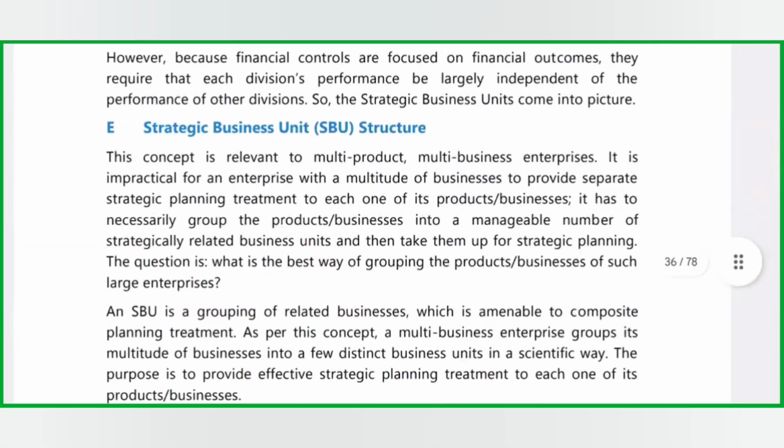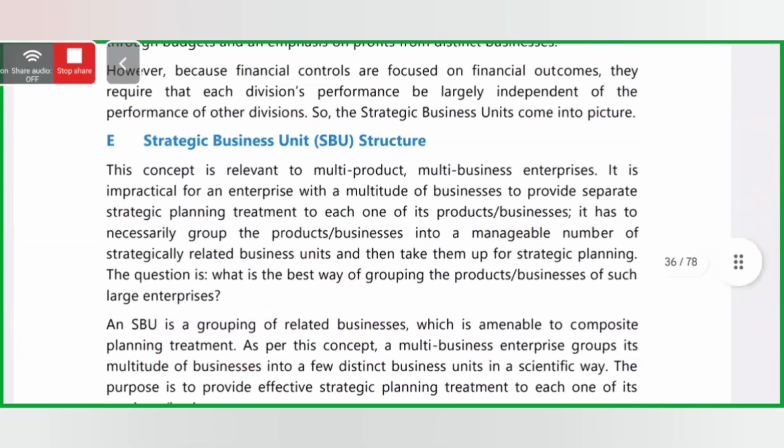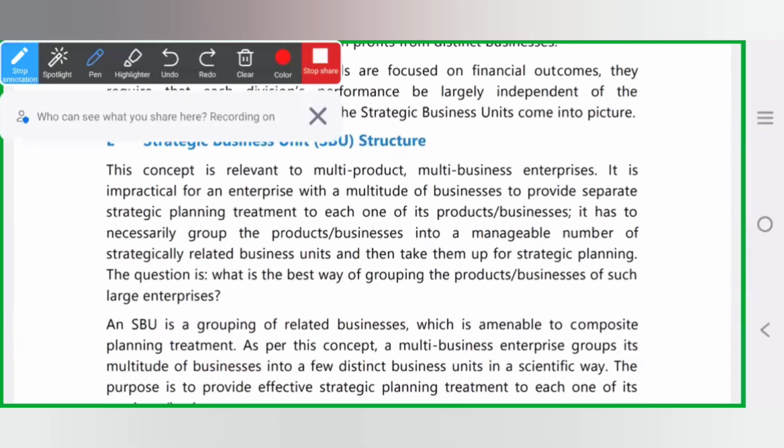The next structure here is the strategic business unit, that is SBU structure. This concept is relevant to multi-product, multi-business enterprises. It is impractical for an enterprise with a multitude of businesses to provide separate strategic planning treatment to each one.